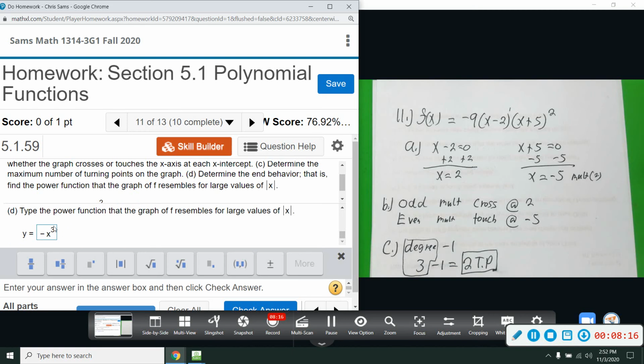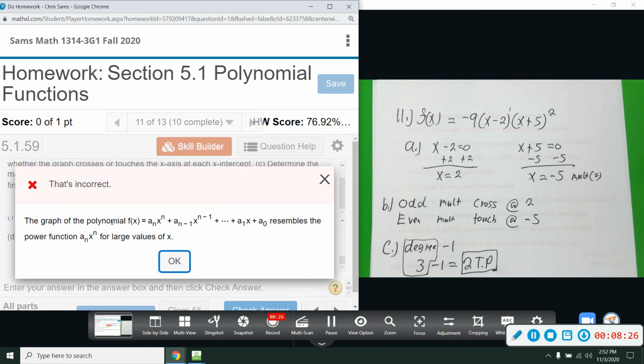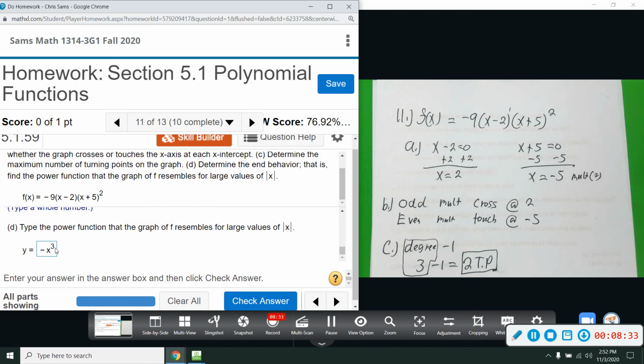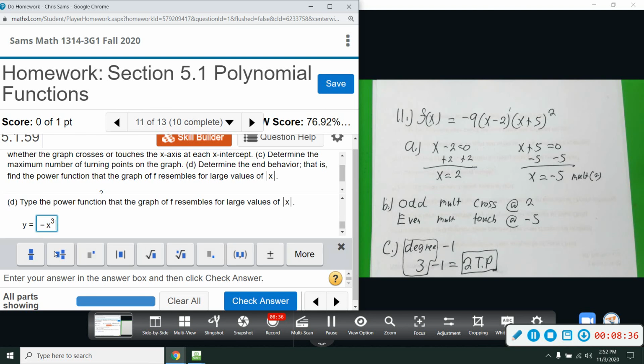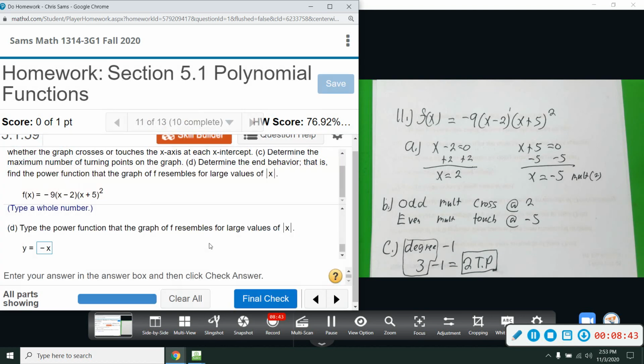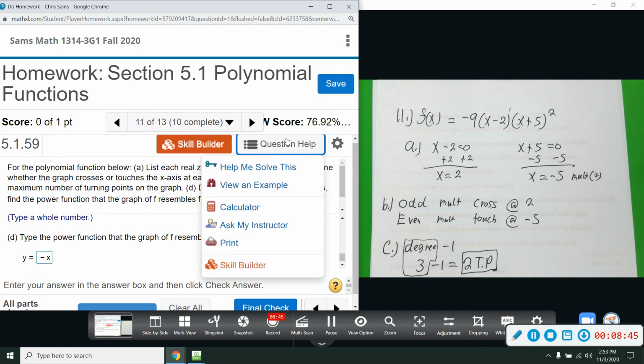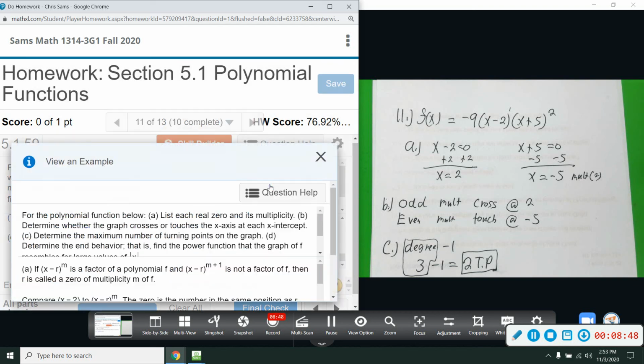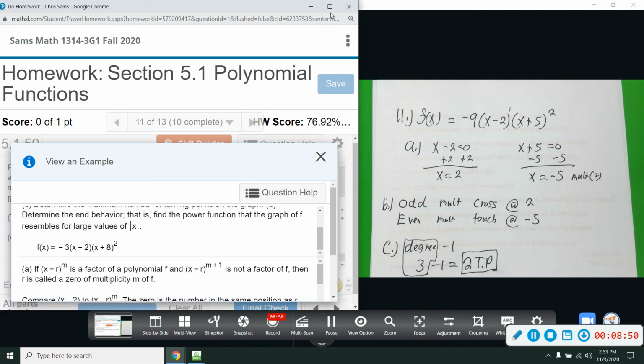So this is the basic power function because we have a third degree, and then because it's negative, that's what the end behavior is going to do. So maybe they just want negative x, because you don't have to have that power up there. Okay. Let's actually see what they want when they say power function. That's a different question than I'm used to.